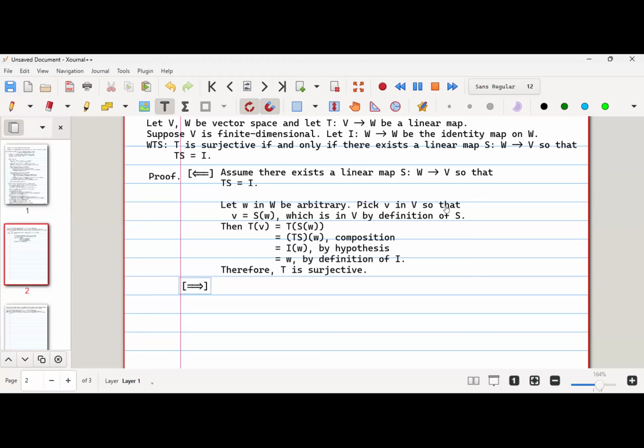I don't exactly think so. I have to look at the definition of composition, but it might be worth exploring. But let's save that for another time. So we are going to assume that T is surjective now, and now we want to show that S exists and can satisfy this.